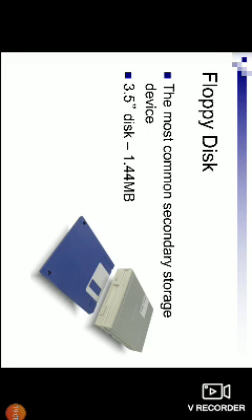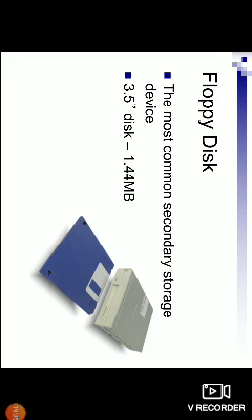Floppy disk, the most common secondary storage device, is a 3.5 inch disk and its storage capacity is 1.44 MB. So they are old now. We are not using floppy disks nowadays because their size is very small, just 1.44 MB.